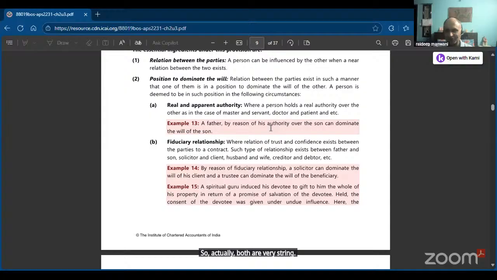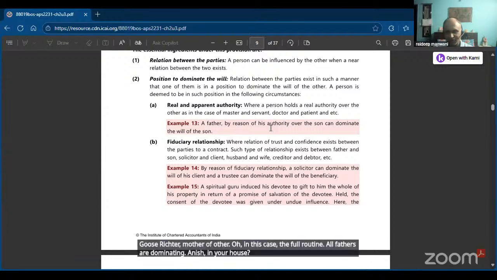Both are strict, oh okay. Sana told me her father is stricter, right? Yes, sir. Your house, Faiza? Who's stricter, mother or father? Father, sir. Oh, in this case, that's full opposite. All fathers are dominating. Anish, in your house? Mother, no?